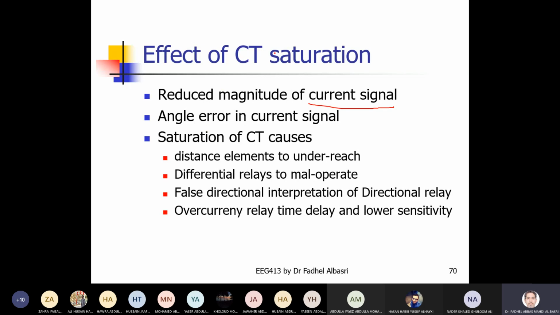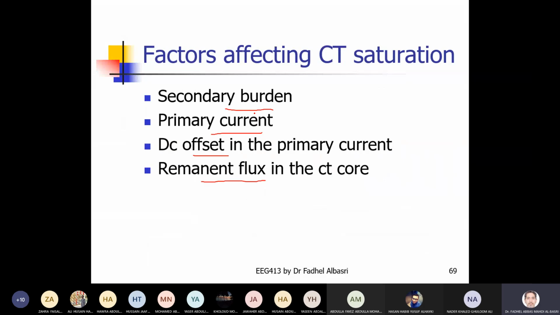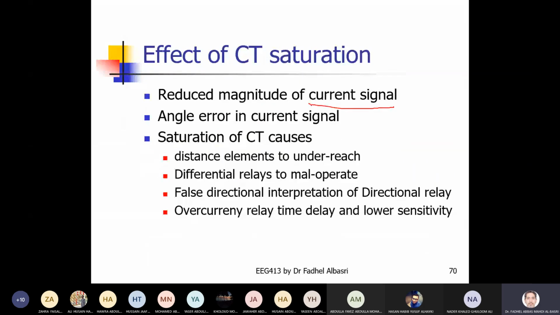Now, what are the effects of CT saturation on the protection side? Because of this, as you can see, the magnitude of the current will be reduced. If you take the fundamental of this distorted secondary current, you'll see its magnitude is reduced compared to the non-saturated current. So first of all, the magnitude of the current will be reduced, and the phase error between the currents will also increase.